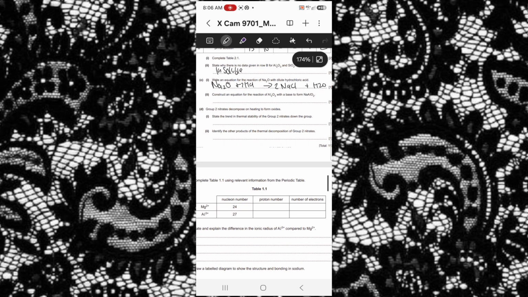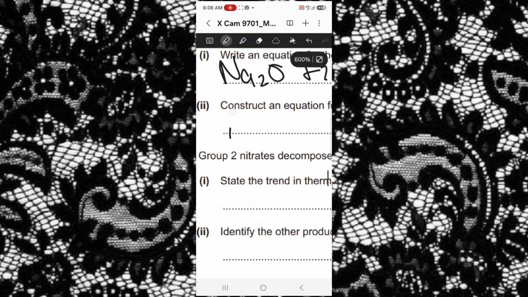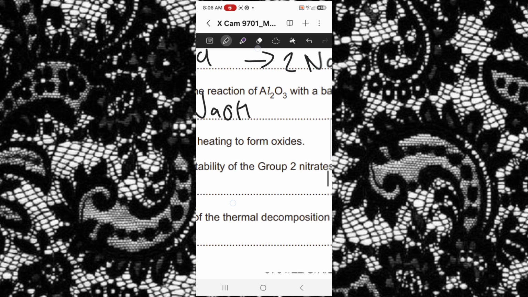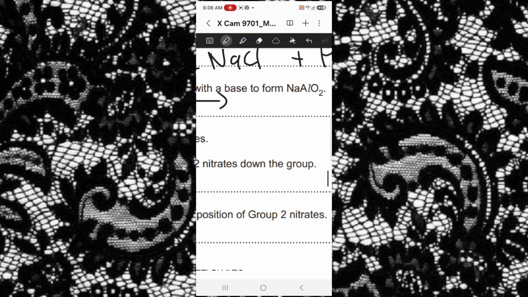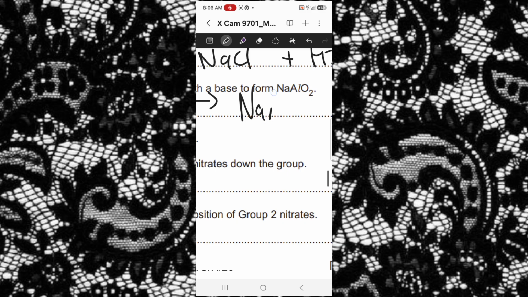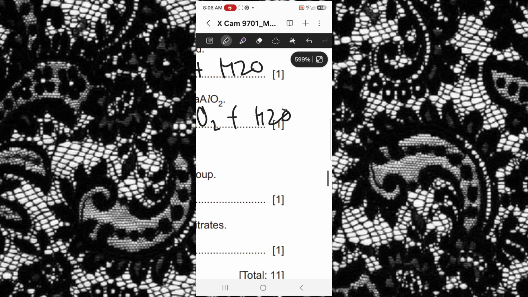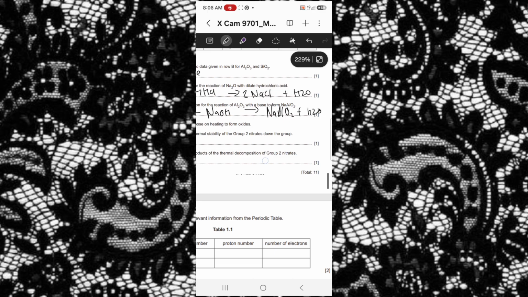Next, construct an equation for the reaction of Al2O3 with a base to form NaAlO2. So we're going to write Al2O3 plus NaOH, or sodium hydroxide. It became NaAlO2 plus H2O. We're going to check.